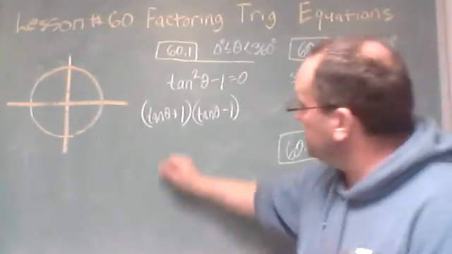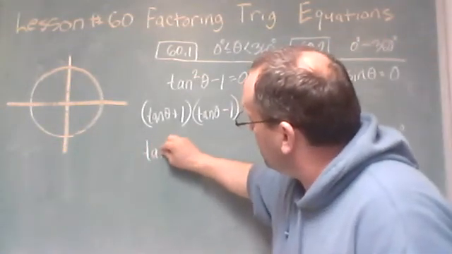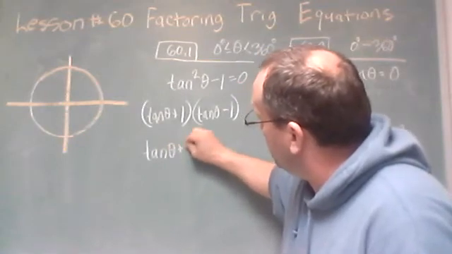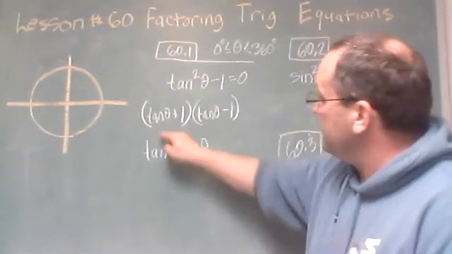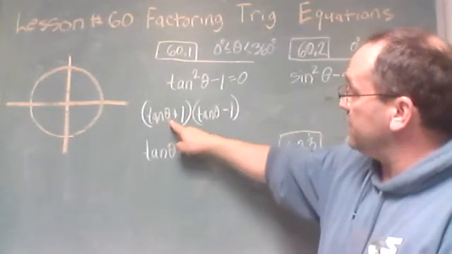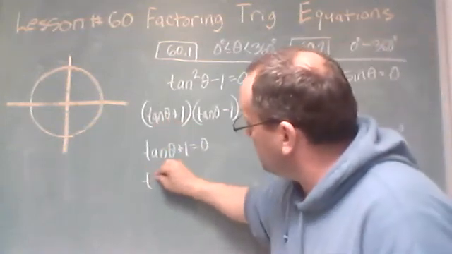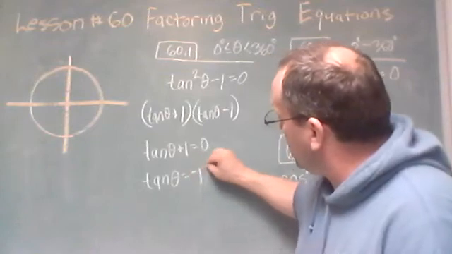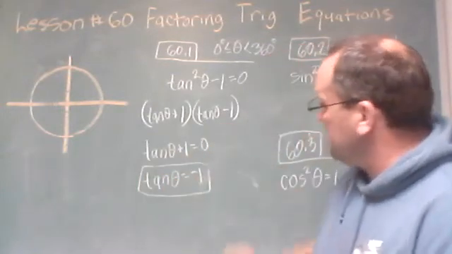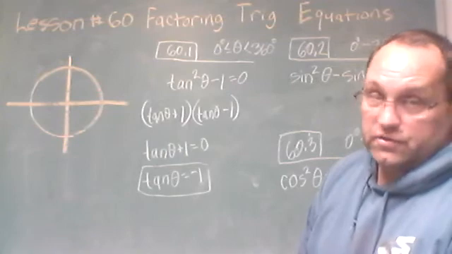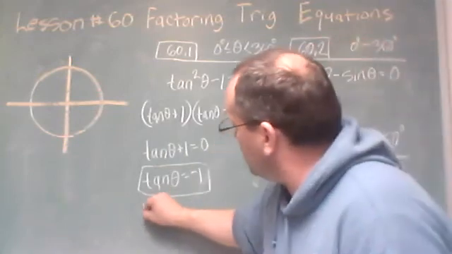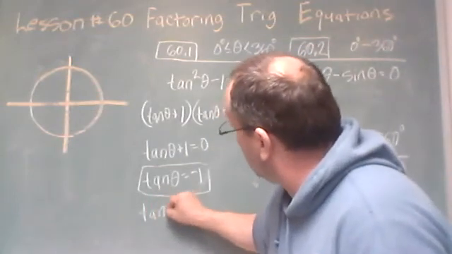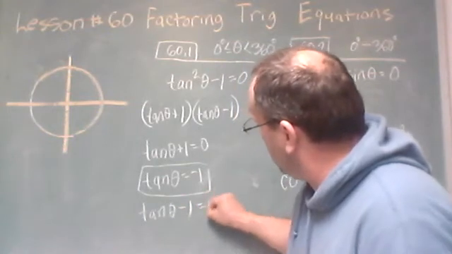To get the solutions, we set those factors equal to 0. Okay, so we set tangent of theta plus 1 equal to 0. That means tangent of theta equals minus 1 is a possible solution. Okay, we set the tangent of theta minus 1 equal to 0.